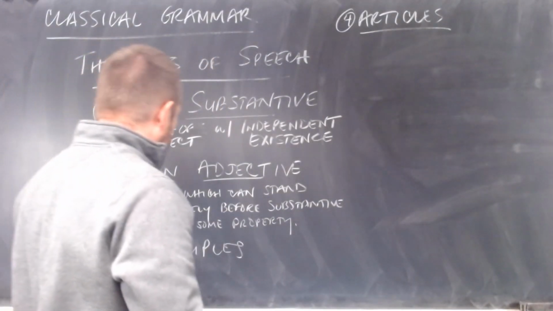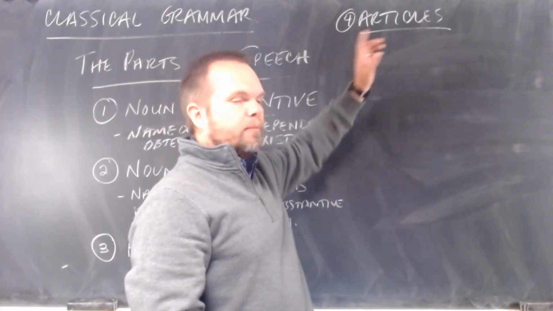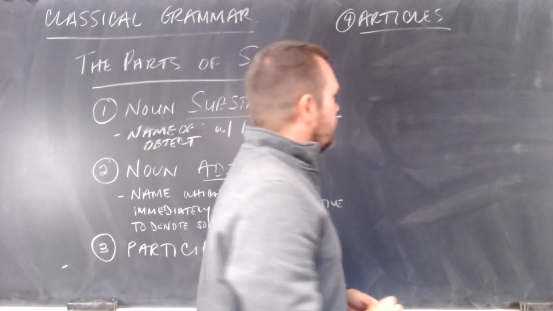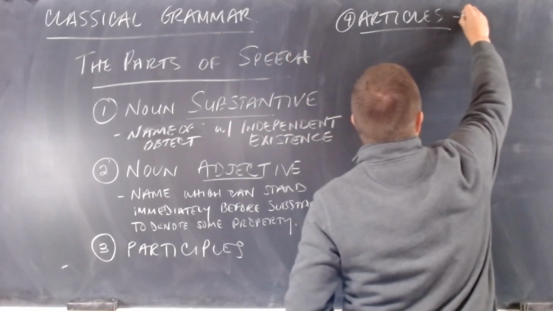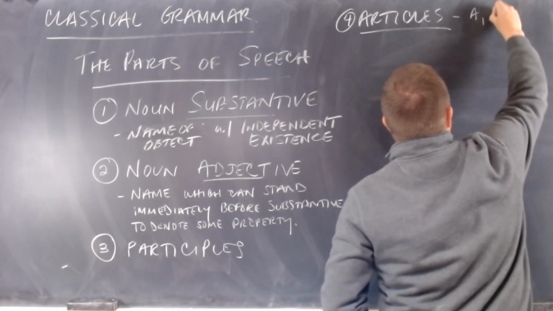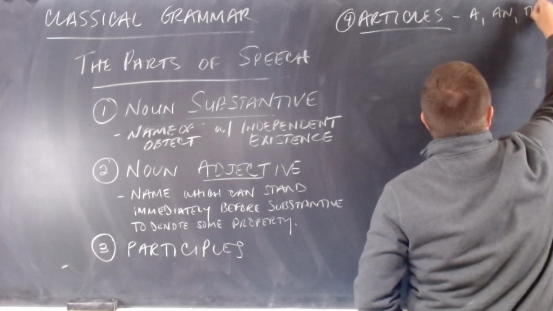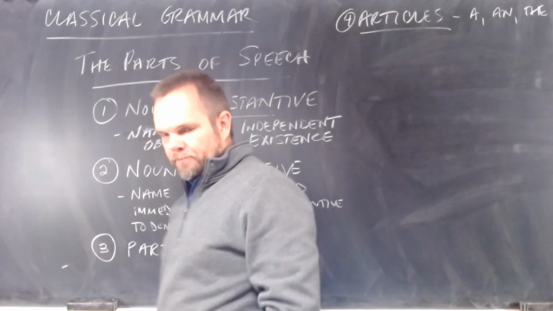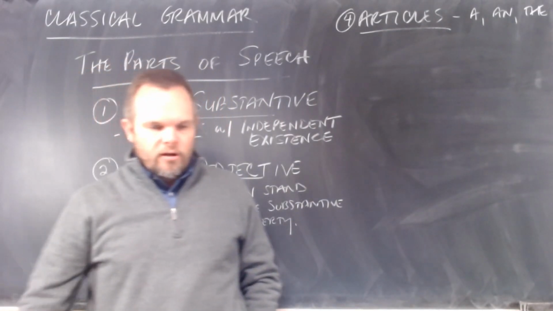So we're going to list participles as number 3. We'll come back to that later. And we're going to add articles. And examples of articles are the words a, an, and the or the. These are articles.